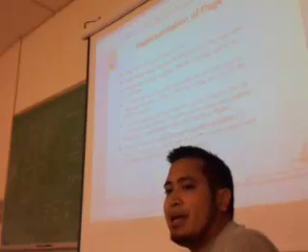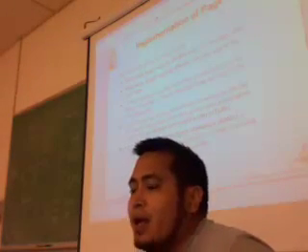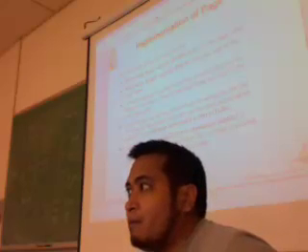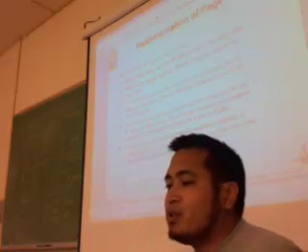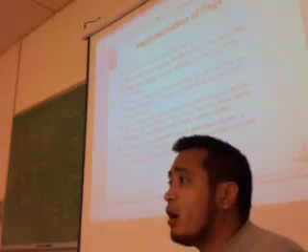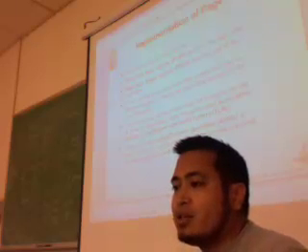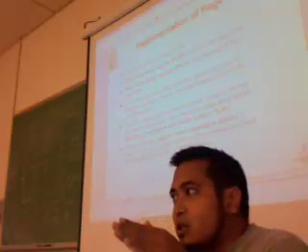Page table is kept in main memory. Page table base register points to the page table. Page table length register indicates the size of the page table. So what this is saying is that we want to take care of this in hardware. So we have these registers so that the CPU can quickly access these page tables.